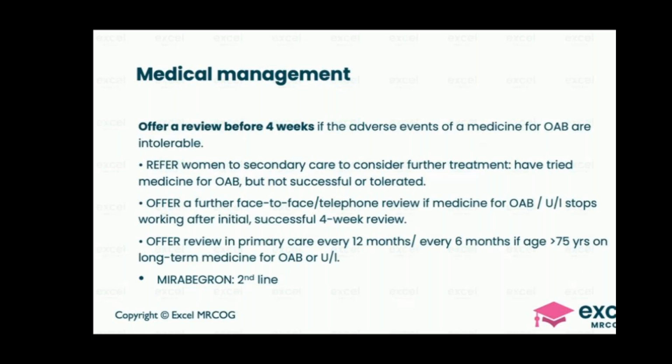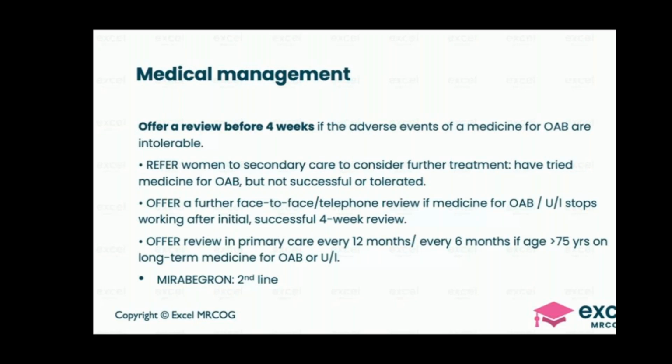And you offer a further face-to-face or telephone review if the medicine for OAB or urgency stops working after the initial successful 4 weeks review. If it was working initially and then stops working, you offer another face-to-face review.